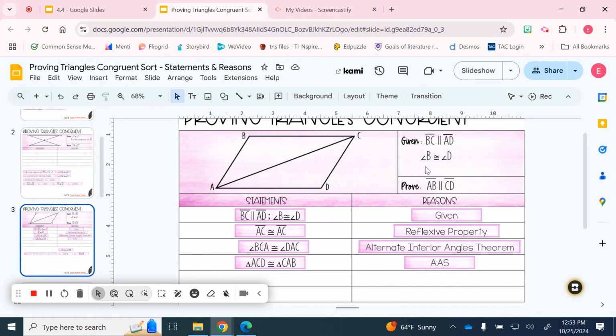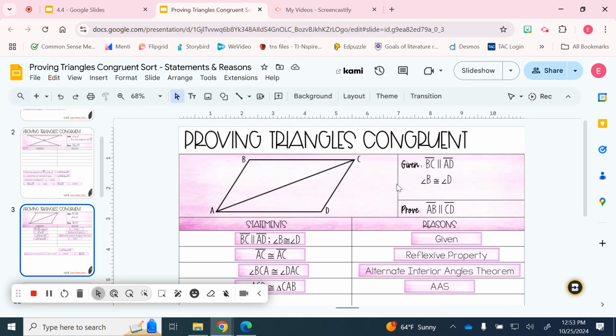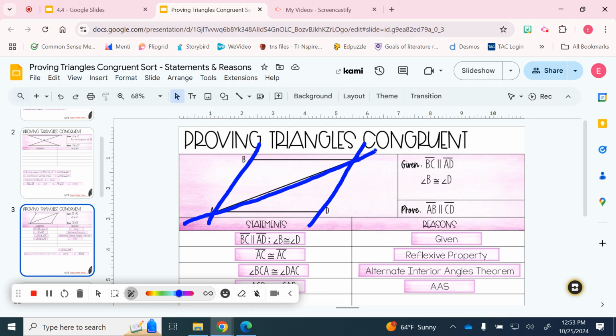Now, if we look at this, my overall goal, so I just worked one direction, now I'm working to just finish the proof. My overall goal is to prove that AB and CD are parallel, and so I have to assume that that's my transversal.